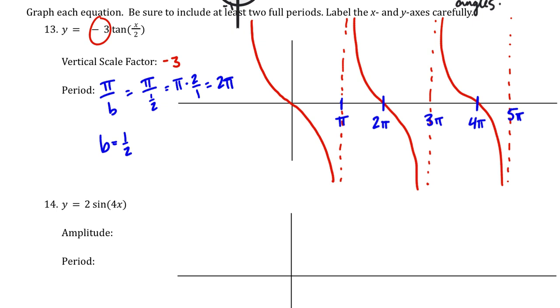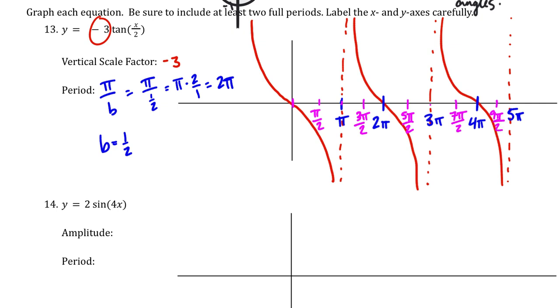Okay, halfway between here and here is pi over 2. And so now we're going to count by pi over 2: 0 pi over 2, 1 pi over 2, 2 pi over 2, and then 3 pi over 2, and then 4 pi over 2. So this spot right here is 3 pi over 2. This will be 5 pi over 2, 6 pi over 2, 7 pi over 2, 8 pi over 2, 9 pi over 2.